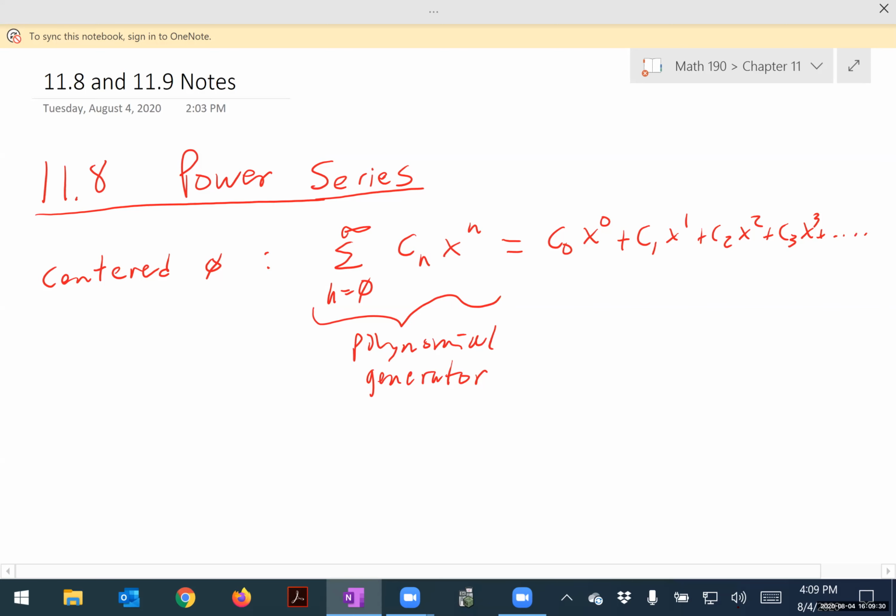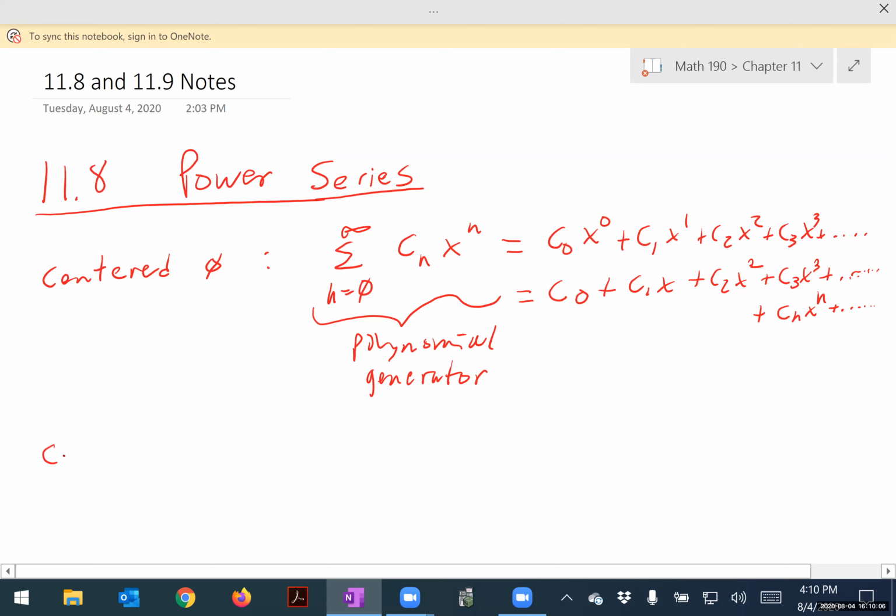So what is x to the 0 though? That's 1. So this just becomes c sub 0 plus c sub 1 x plus c sub 2 x squared plus c sub 3 x cubed plus dot dot dot, plus c sub n x to the nth, and it just goes on forever. So you can get your nth term that way. If it's centered at 0, it looks like this.